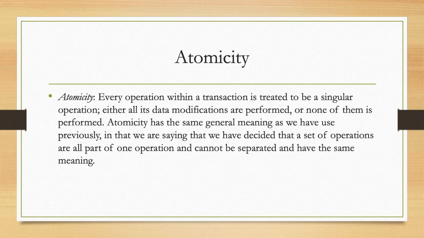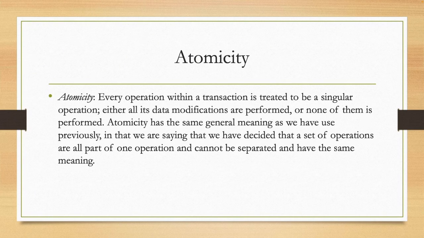Atomicity is something we've talked about several times before in our discussions, and it's all about making singular operations out of multiple operations. So if we have like 10 things that have to occur, they all have to work together. They have to finish and succeed, or none of them succeed. It has the same general meaning, exactly what we've talked about in the past.